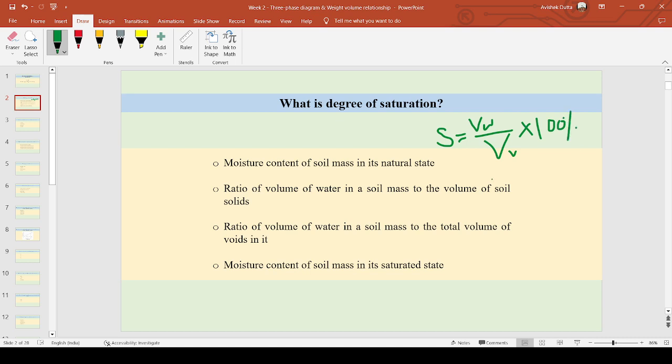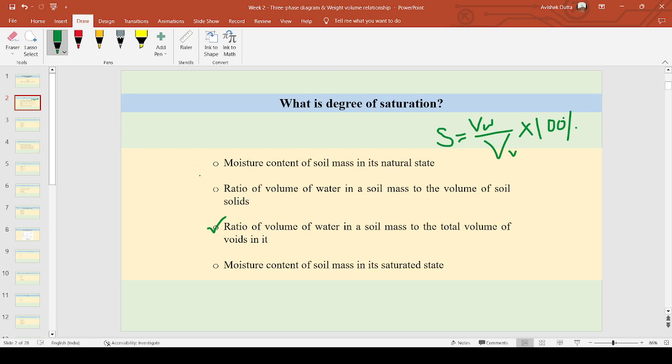The definition is, of the voids in the soil, how much of the void is occupied by water, that is the degree of saturation. So yes, option C is correct. Ratio of the volume of water in a soil mass to the total volume of voids in it is called the degree of saturation. Good.